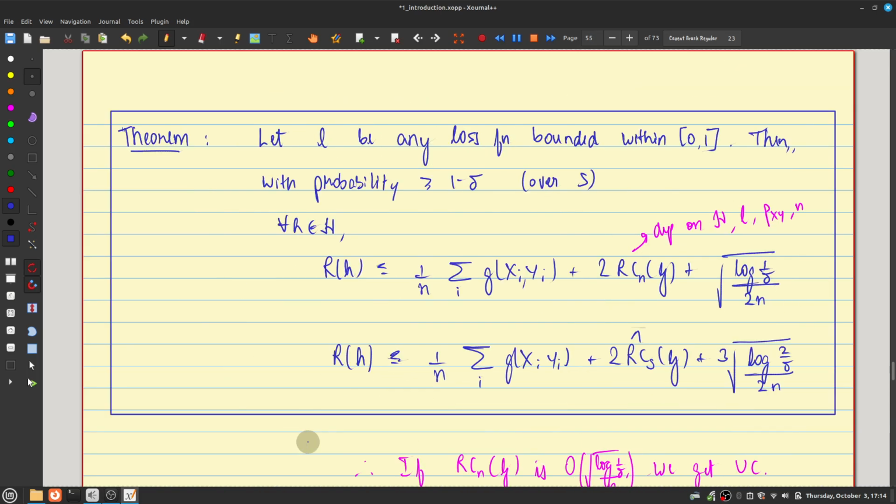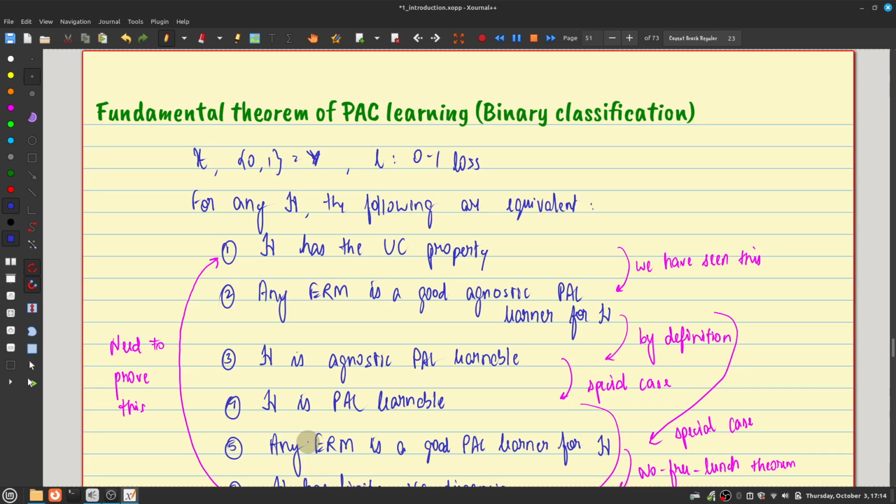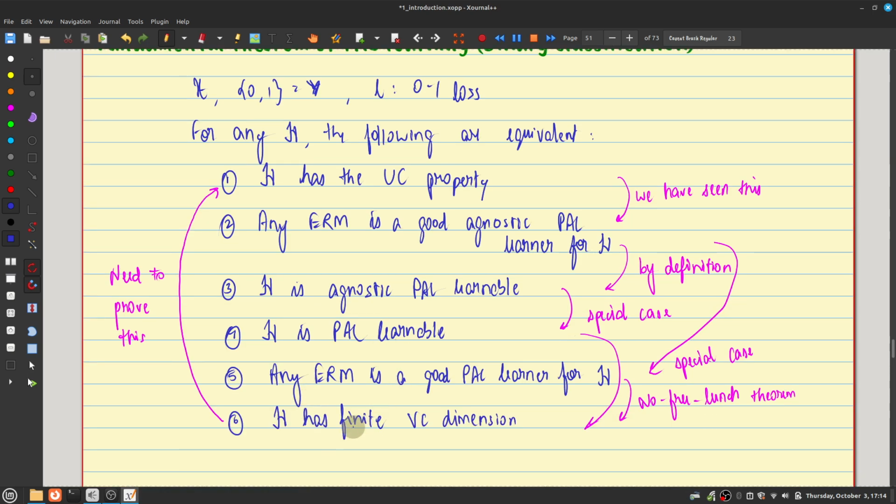So we wanted to show that if the hypothesis class has finite VC dimension, then it has the uniform convergence property. And therefore, ERM is an agnostic PAC learner, and therefore H is agnostic PAC learnable.